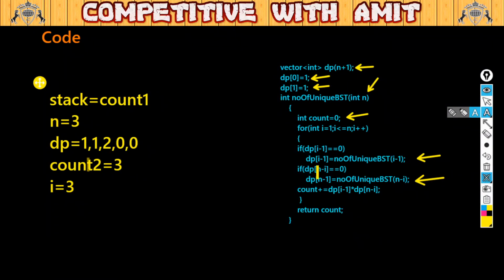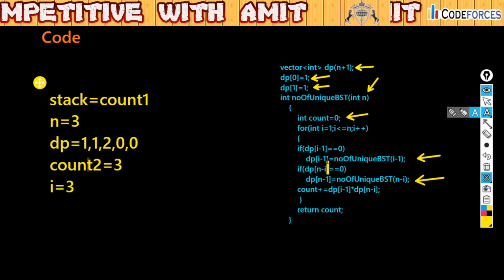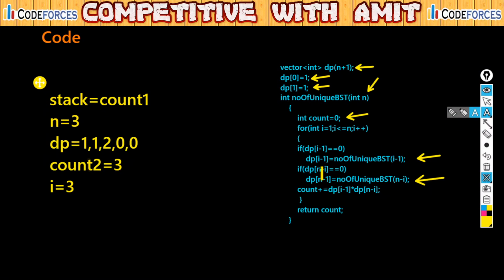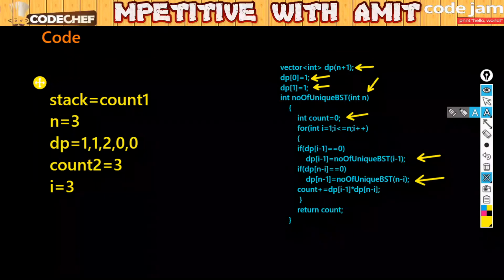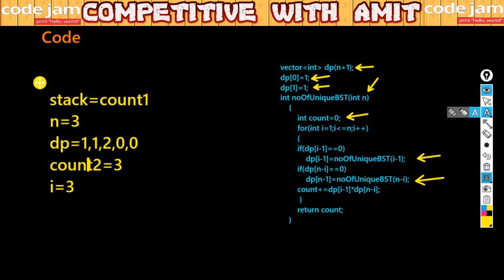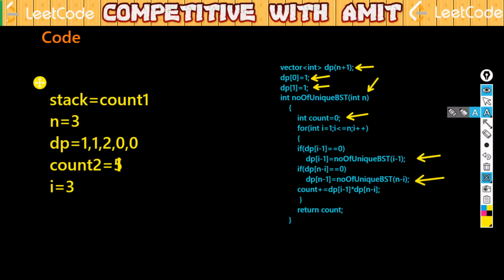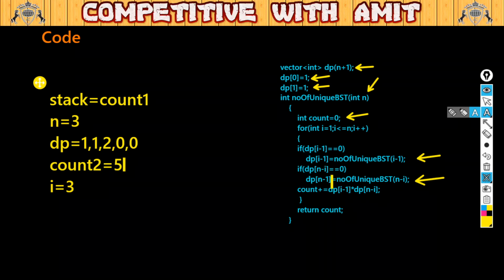Now after that this final value will be called for n equals 3. So n equals 3 minus 3, it will be 0. So this 1 and this 0 will be multiplied, plus 3, it will be 5. Now what will it return? It will return count. So count here is 5.